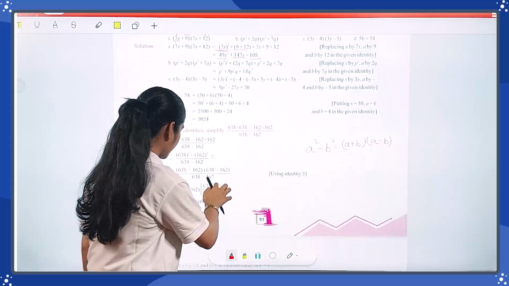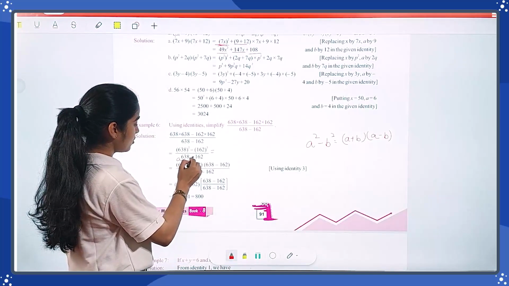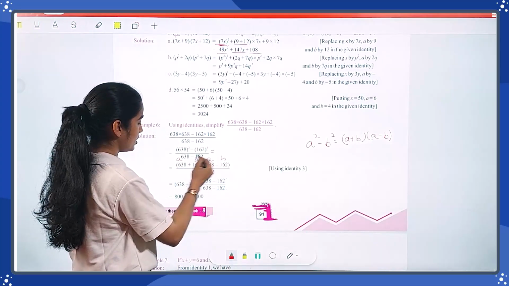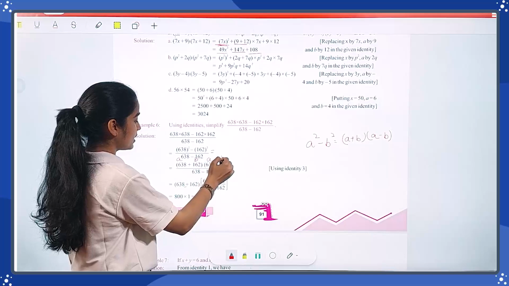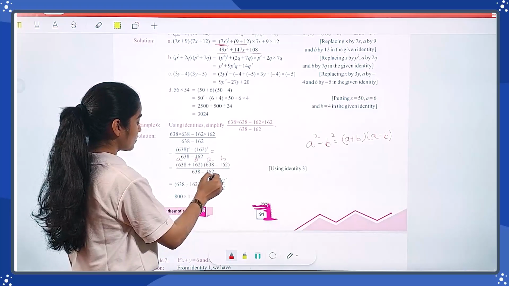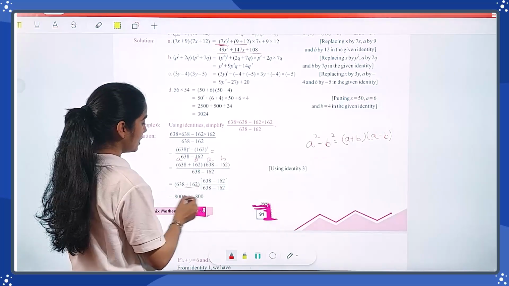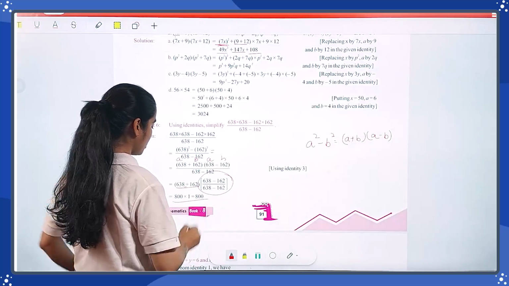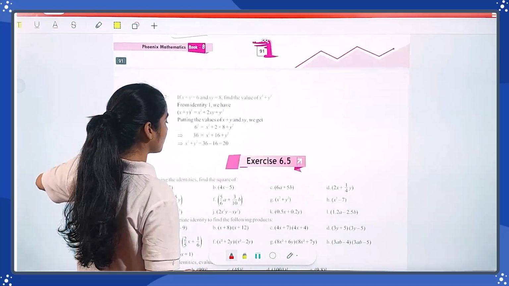So again your a, your b, a plus b, a minus b. So when you add it and when you subtract it, you will get your answer. So in that way you have to solve this question.